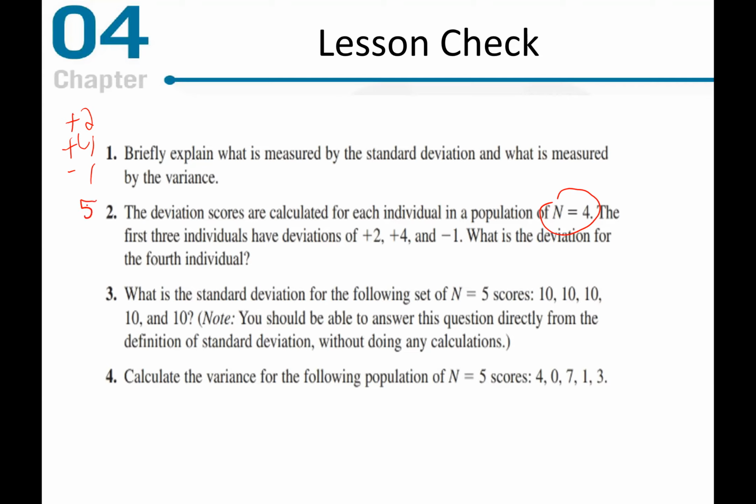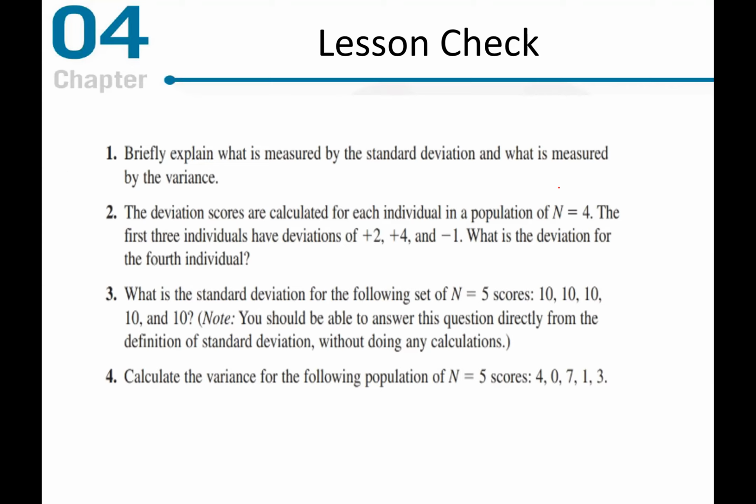So if this has to add up to 0 and we have one more score, then we need a score of -5 in order to make this 0, right? So the answer here is -5 because the sum of deviation scores is always going to equal 0. Always going to equal 0. Okay.